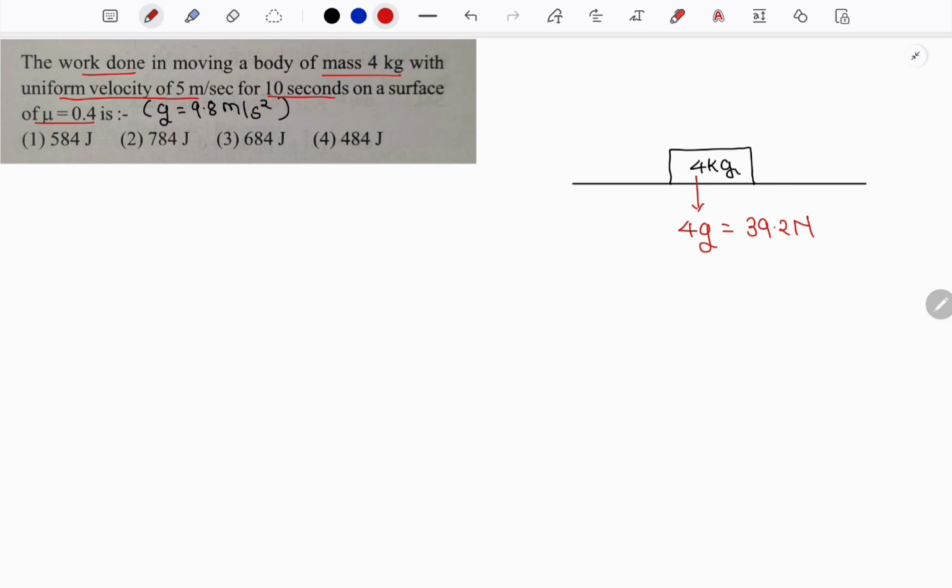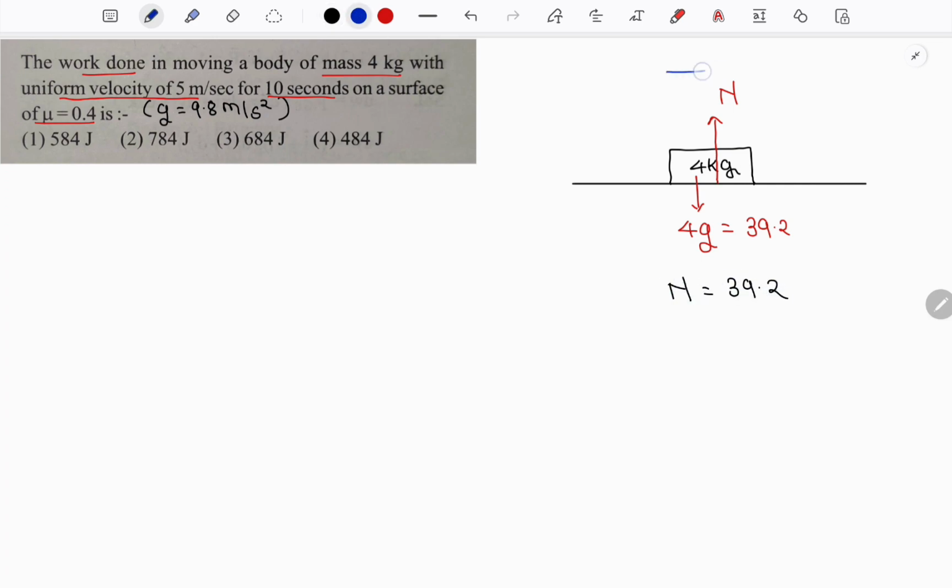Then there will be a normal reaction in the upward direction. Let's call that normal reaction N. Now I'll just erase this Newton wala N, otherwise it will create confusion. So there is no vertical motion, therefore we can easily write down normal reaction is 39.2.